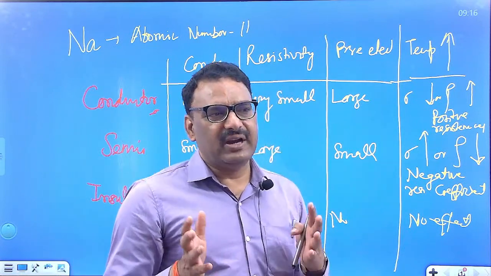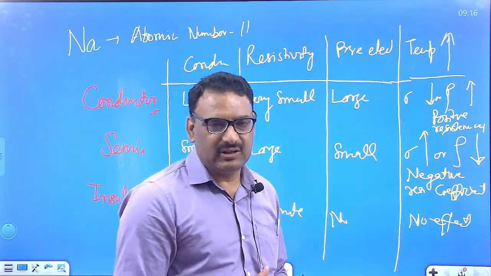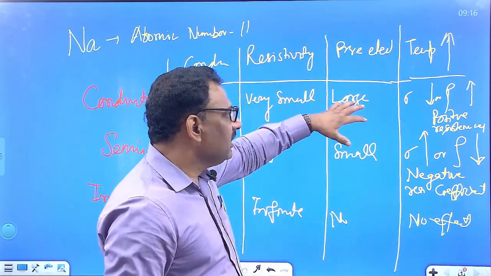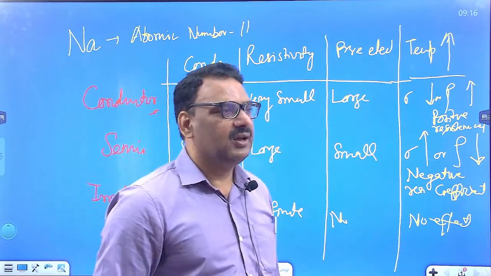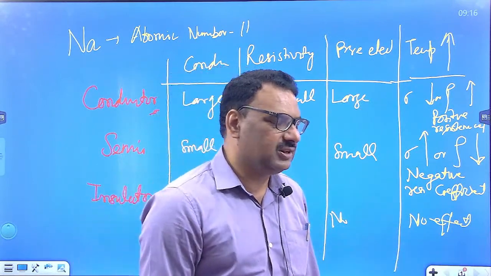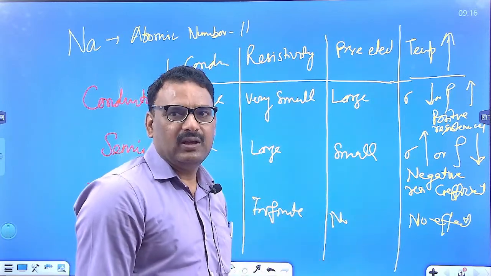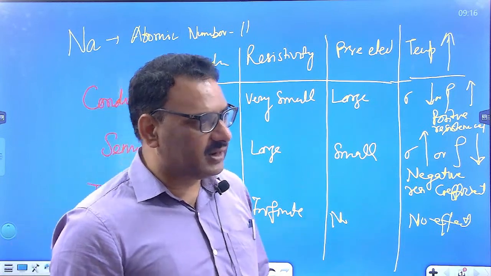So if the number of electrons increases, your conductivity should increase. But in a conductor, it happens in the opposite direction. If you increase the temperature, conductivity will decrease.